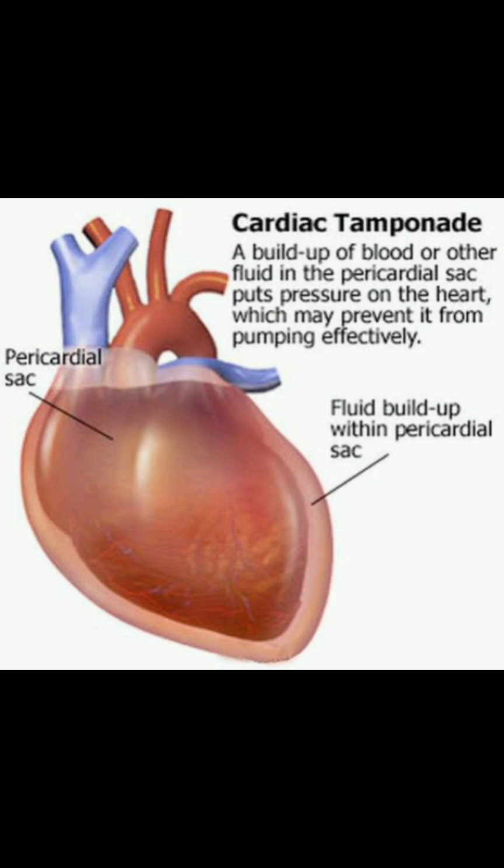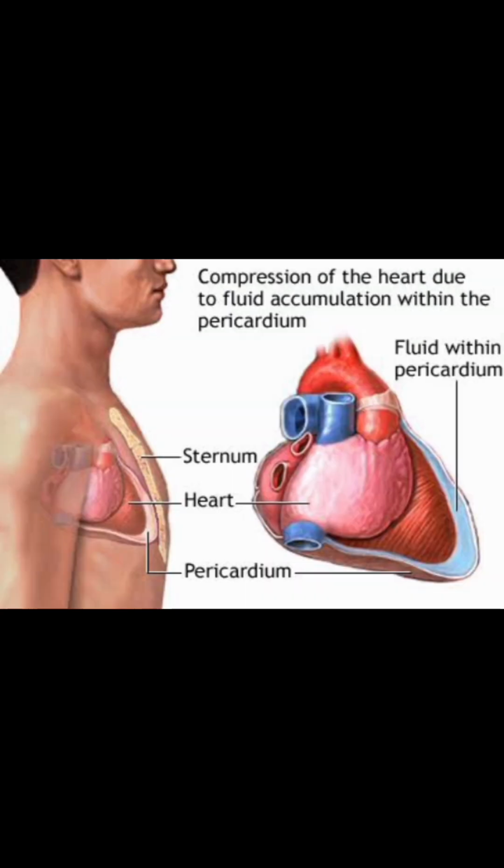Clinical manifestations of cardiac tamponade are muffled, distant heart sounds, hypotension, neck vein distension, and increased central venous pressure. Emergency management, a medical emergency, is pericardiocentesis with surgical repair as appropriate. We will discuss cardiac tamponade in the next videos.